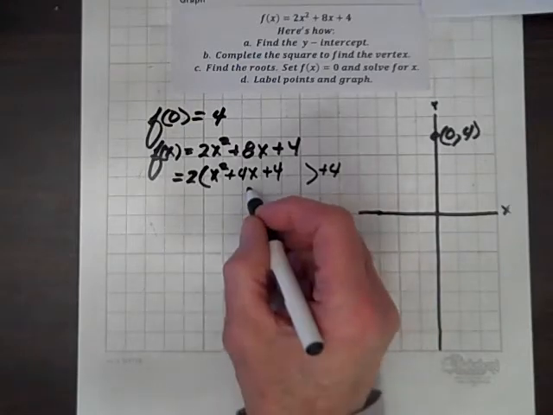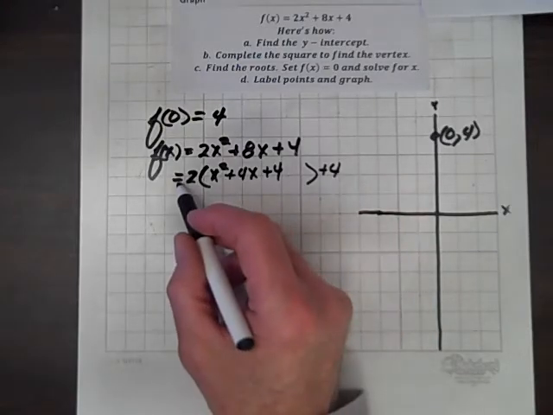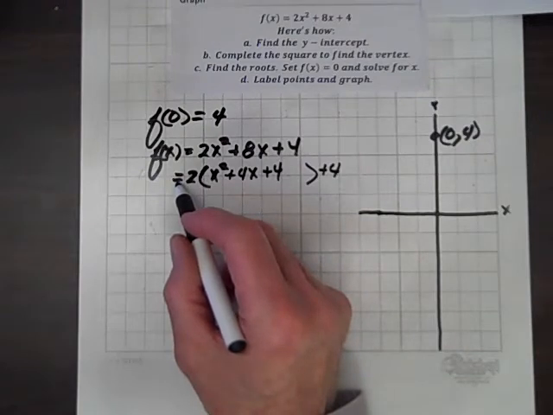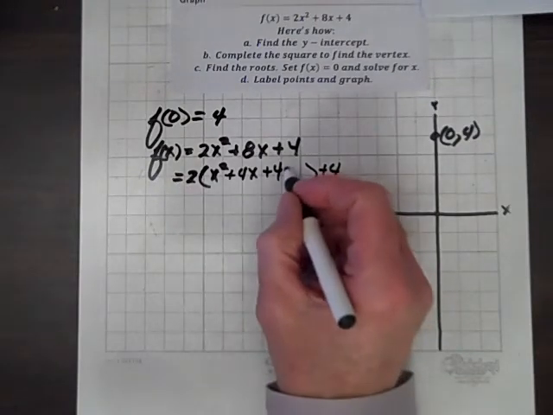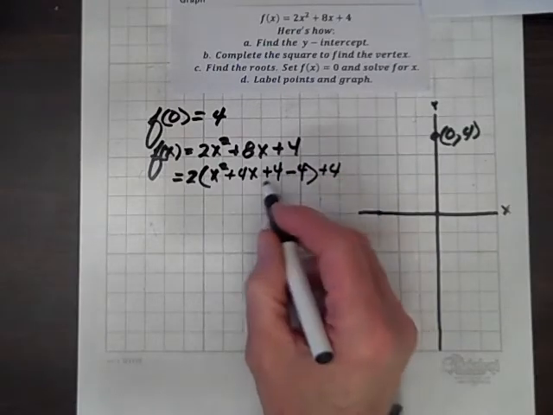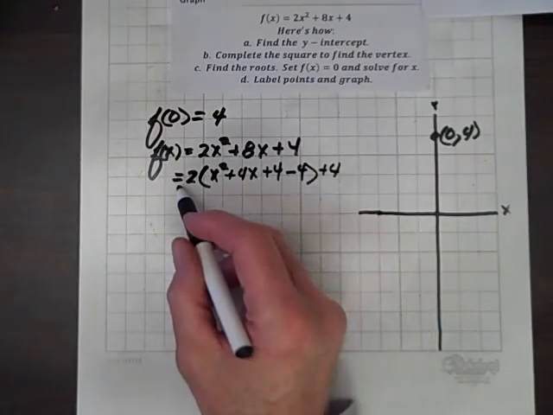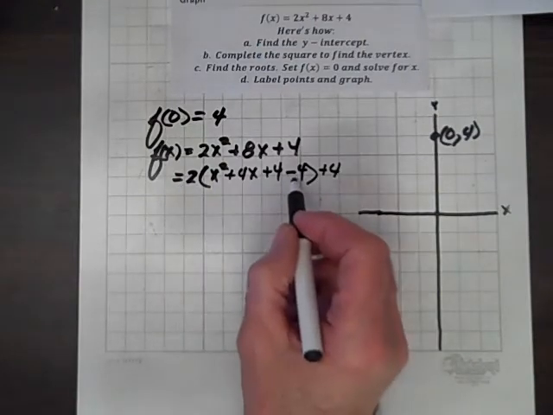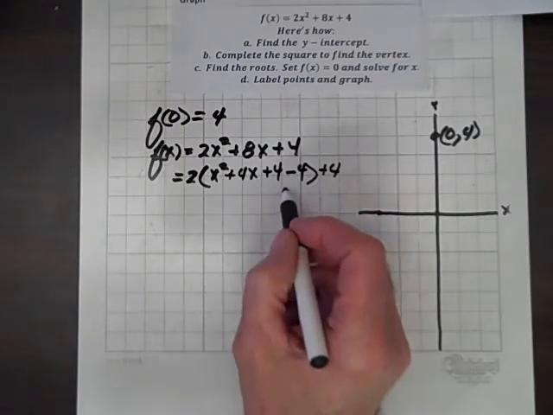But we've got a problem here. We can't simply just add 4 without violating that equal sign. So we'll subtract 4 also. Now we've added 0 and we have not violated the equal sign. The next task is to get that negative 4 out of the parentheses.